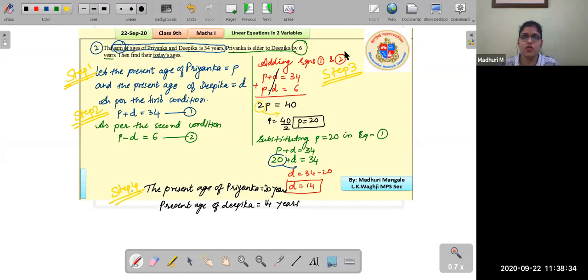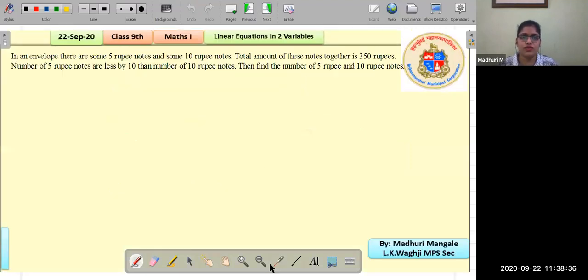I hope you all are working out these problems with me. And that's the third question. So step 1, always start with looking for what is asked. So what is asked over here? Find the number of 5 rupee and 10 rupee notes.